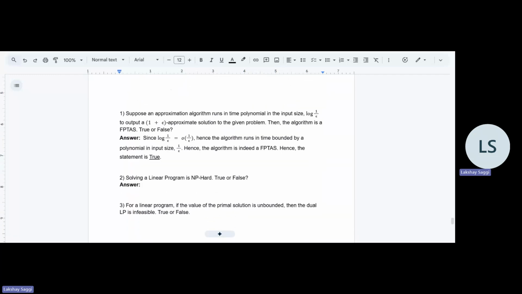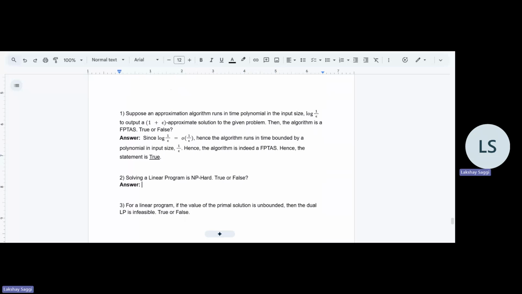It is because solving a linear program is polynomial time. You might not know how we solve a linear program, because there exist very sophisticated algorithms for this, but a linear program can be solved in polynomial time.